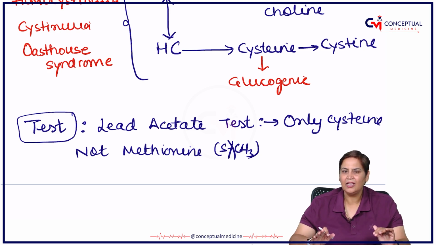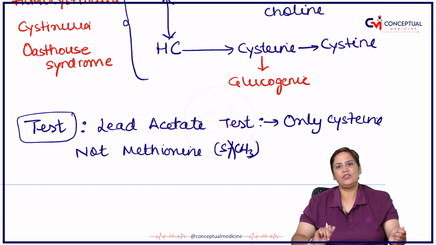It is essential. Why? Because it is required for the synthesis of cysteine, which is a polar but uncharged amino acid. And this cysteine helps in the formation of cystine. And don't get confused between cysteine and cystine, because the spelling only makes a word of difference. Right? Thank you so much.